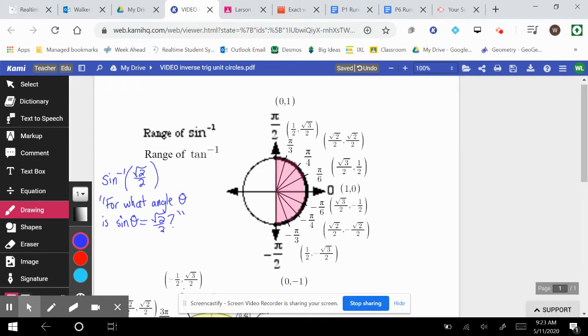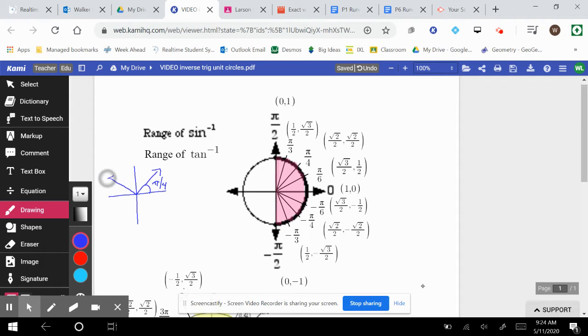Okay, so for what angle is the sine equal to that value, radical 2 over 2? So what you're doing is solving for a missing angle. Okay, but the problem is that there is more than one angle for which sine equals root 2 over 2. For example, sine equals radical 2 over 2 at 45 degrees or pi over 4.